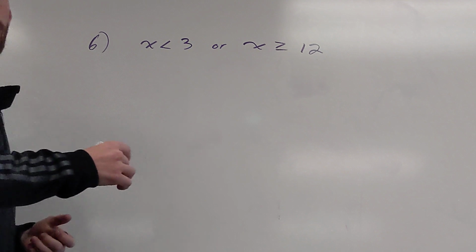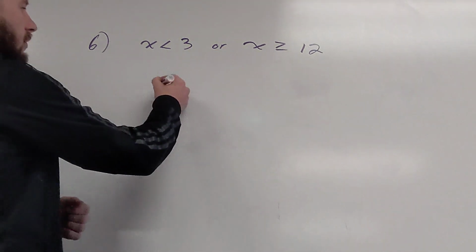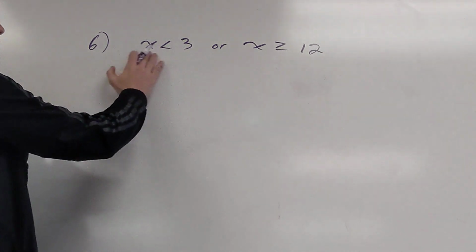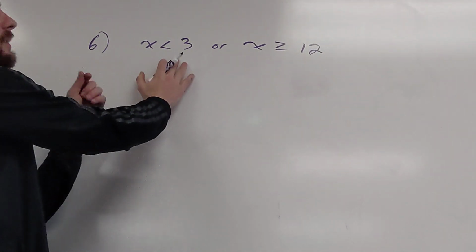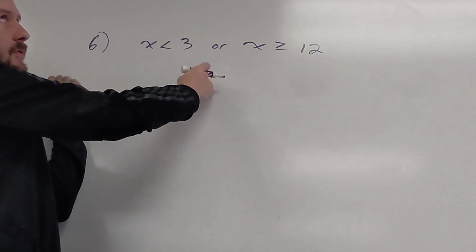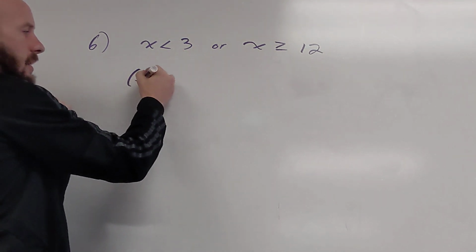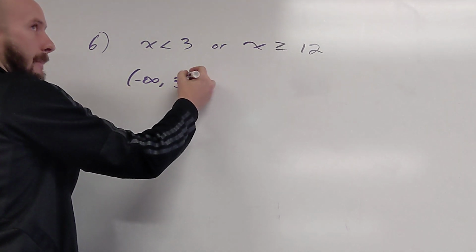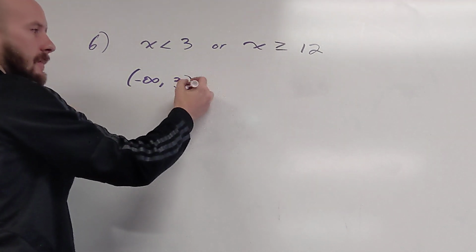So what we're going to do here, you're going to write interval notation for this interval. So think this is going to be everything from -infinity up to 3. So -infinity to 3 parenthesis.